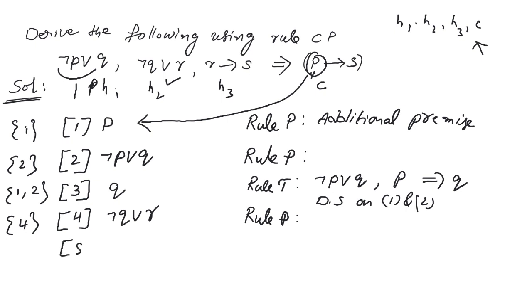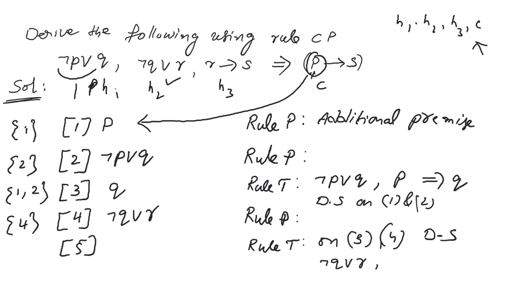Next, step number five, rule T on steps three and four. That rule is disjunctive syllogism. When negation Q or R is true and Q is true, what does that imply? R must be true. This is the valid conclusion drawn from these two, and this is known as disjunctive syllogism.